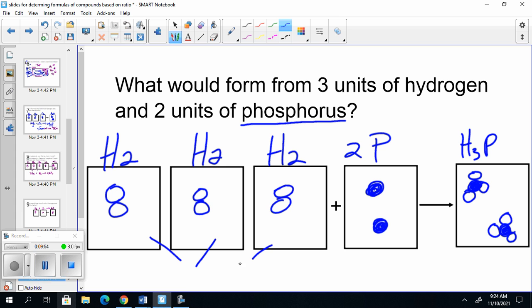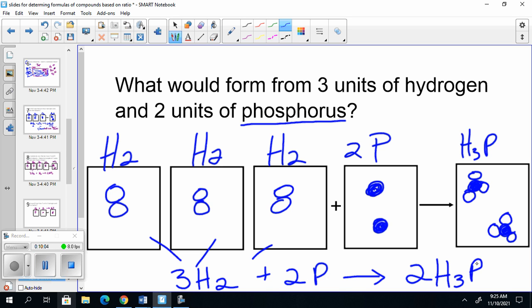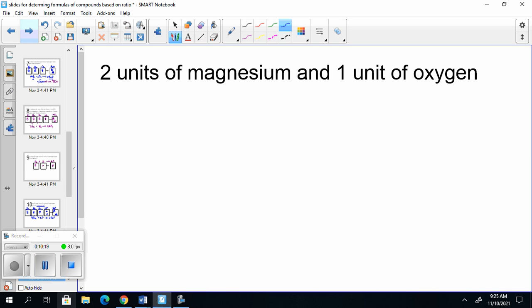So my formula is 3 H2s plus 2 P's make 2 H3P. And I can make sure everything balances out. 3 and 2 is 6 H's. 2 and 3 is 6 H's. 2 P's, 2 P's. Perfect. And my picture shows that it all balances as well.